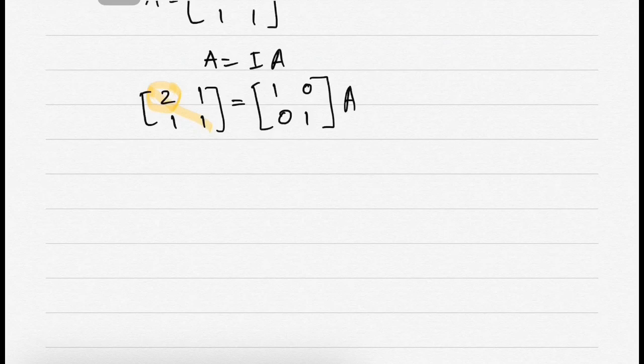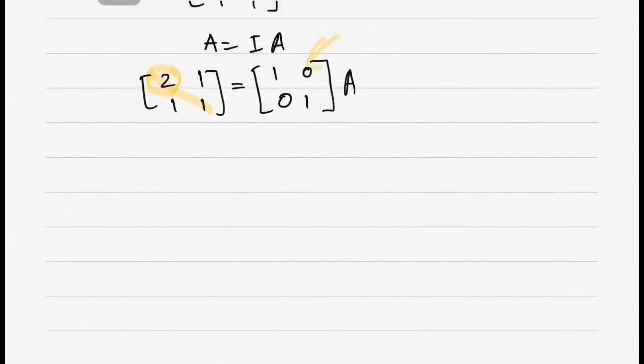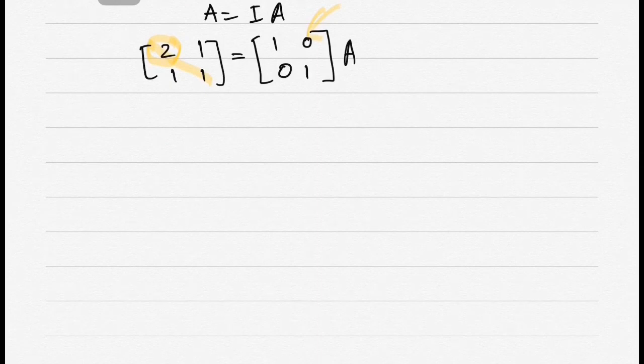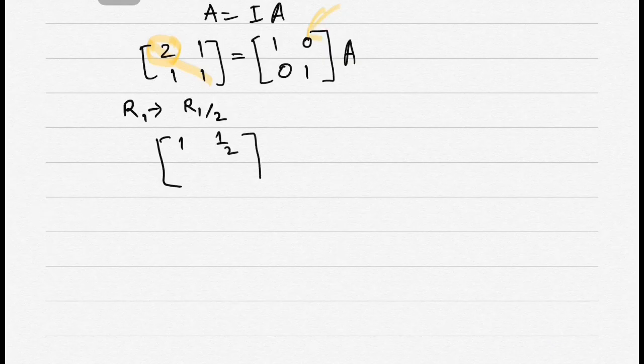The operation which we apply on the left side, the same operation we will apply on the right side matrix I also. To make the first element 1, we'll divide the first row by 2. We can write R1 by 2. So dividing the first row by 2, we'll get 1, 1 by 2.